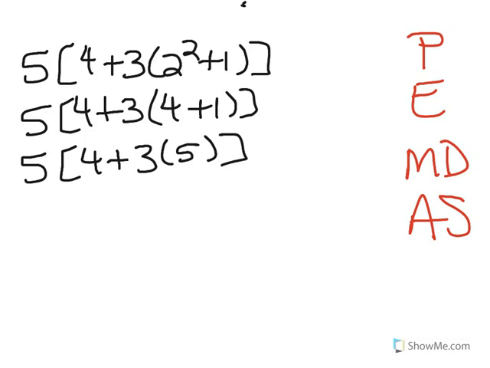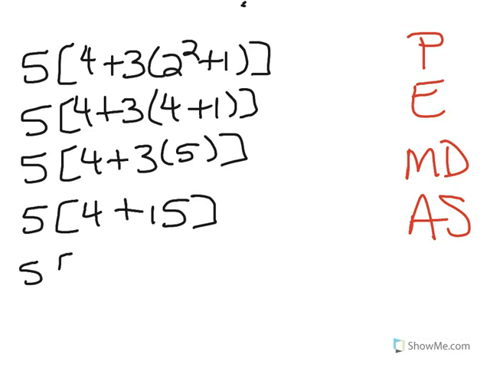And inside the brackets we have two operations, addition and multiplication. Multiplication is to be done first. 3 times 5 is 15. Now the brackets have to be done first. 4 plus 15 is 19. And then finally 5 times 19 is 95.